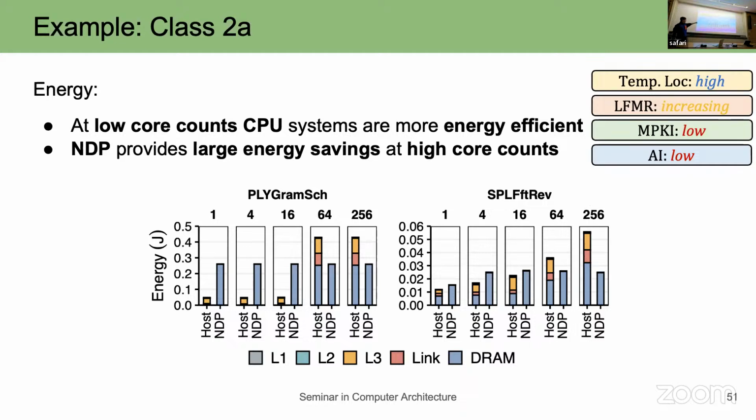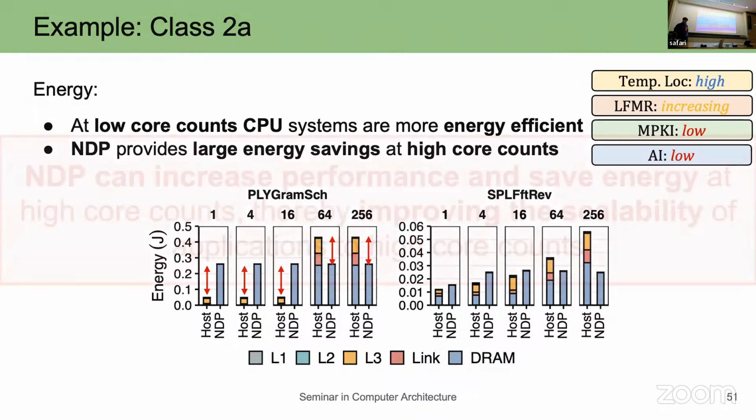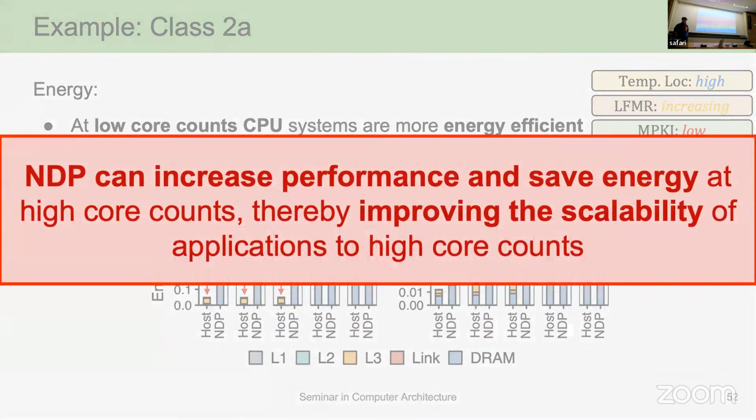For the lower core counts, we can see that the energy of the CPU system is quite low, while with high core counts, the NDP system performs much better energy-wise. So we conclude that for the memory bottleneck class 2A, NDP systems can increase performance and save energy at high core counts, and thereby improve the scalability of applications at high core counts.